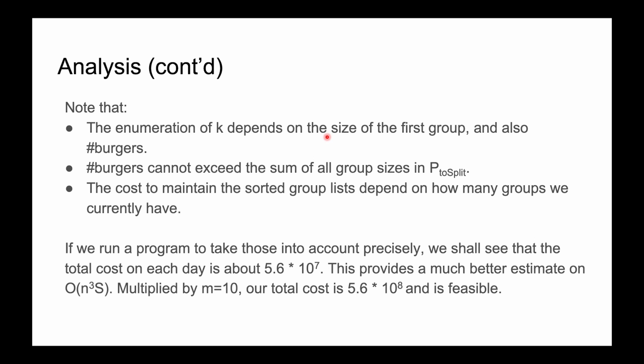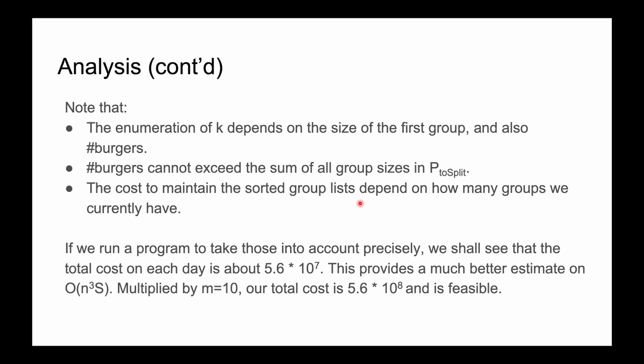So let's do a more precise analysis. Where do we overestimate? We see that the enumeration of k depends on the size of the first group and also how many burgers we have left. And how many burgers we have left cannot exceed the total group sizes in the partition to be split. And of course, the cost to maintain the sorted group list depends on how many groups we have so far.